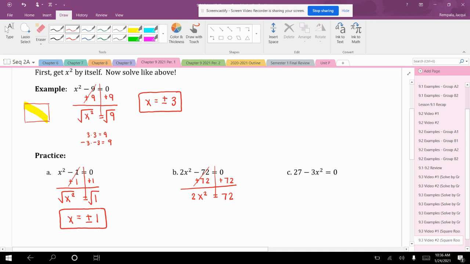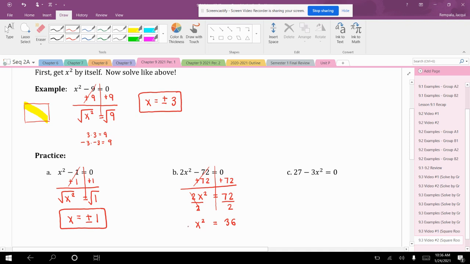So we're still not ready to take the square root yet because there's a 2 being multiplied by the x squared. So how do you undo multiplication? We have to divide. So if I divide 2 on the left, I'm dividing 2 on the right. That will get rid of the 2, giving you the x squared, which is what we wanted, by itself. 72 divided by 2, you can type it into your calculator, and we're going to get 36.